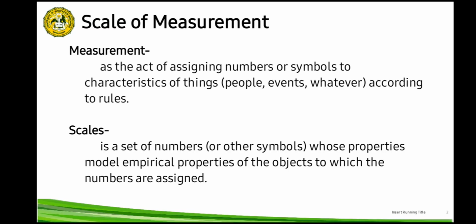Let us define first what measurement is. Measurement is the act of assigning numbers or symbols to characteristics of things, either people, events, whatever, according to rules. The rules used in assigning numbers are guidelines for representing the magnitude of the object being measured.